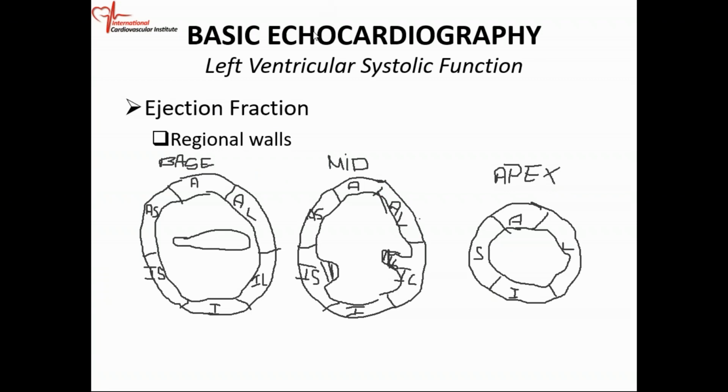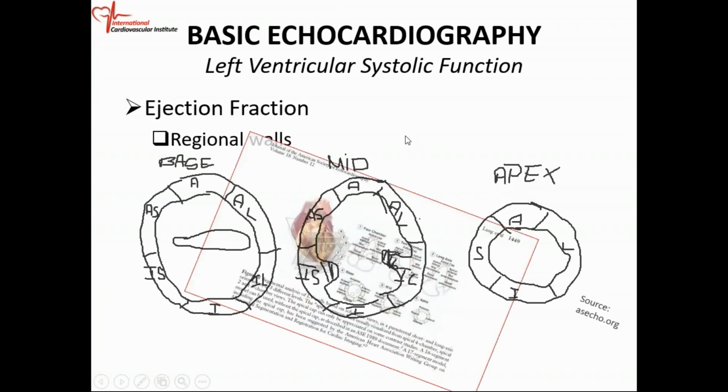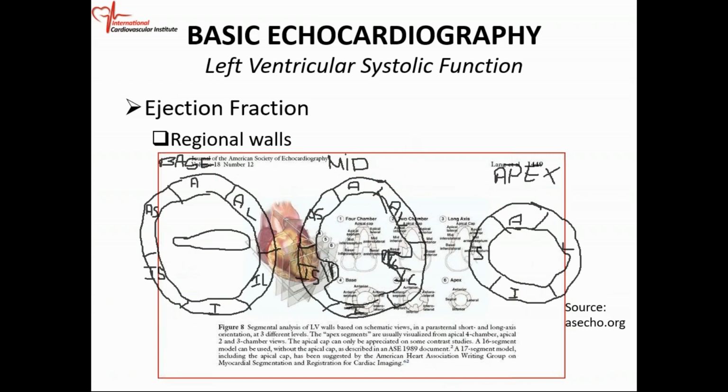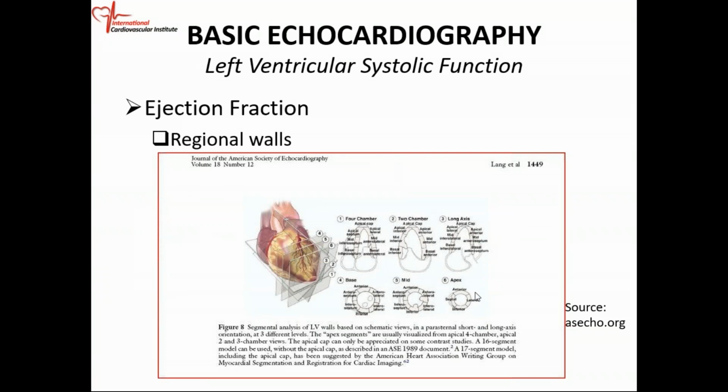Again, each of these segments is supplied by different blood vessels. So by looking at your echo, you can determine accurately which blood vessel is involved in the process. And this is what, let me erase this. Okay, so this is basically what is represented on the bottom. The apex, you can see there are 4 segments: anterior wall, inferior wall, lateral wall, septum.